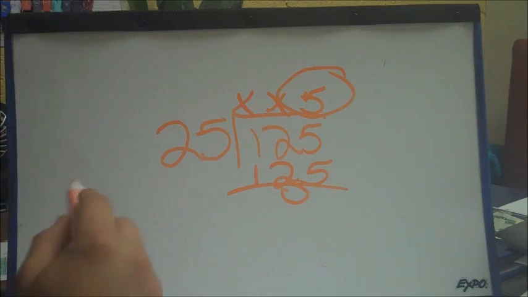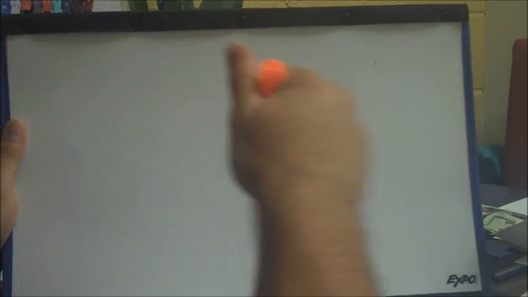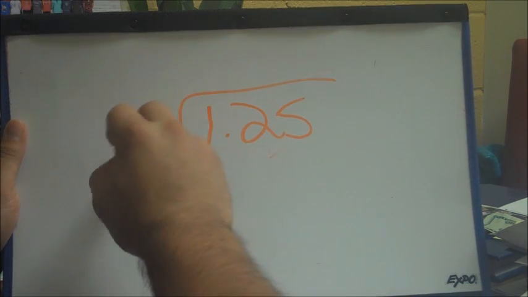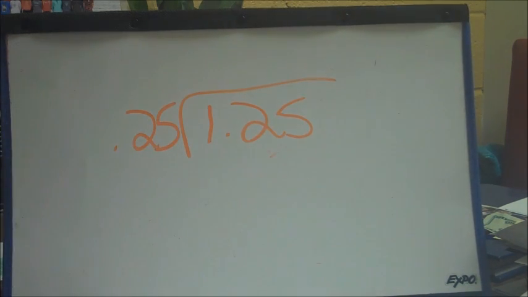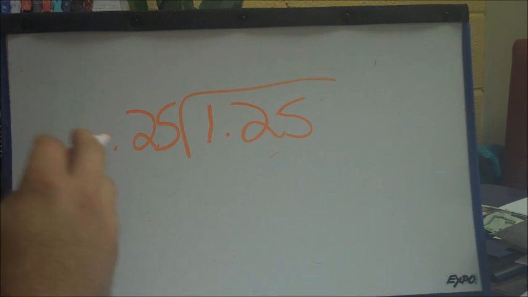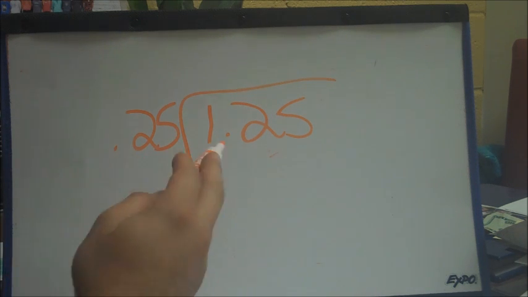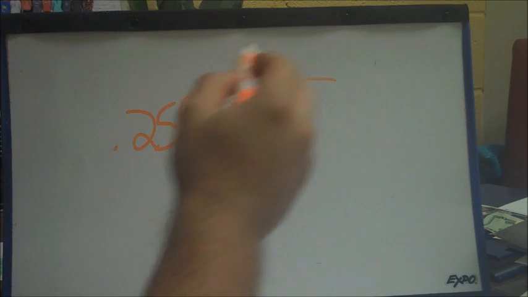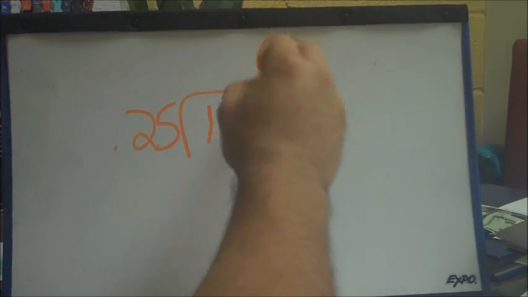So even though we started with the numbers of 1.25 and tried to divide it by 0.25, we saw that 0.25 will go into 1.25 5 times. So we can divide a decimal by a decimal and still end up with a whole number.